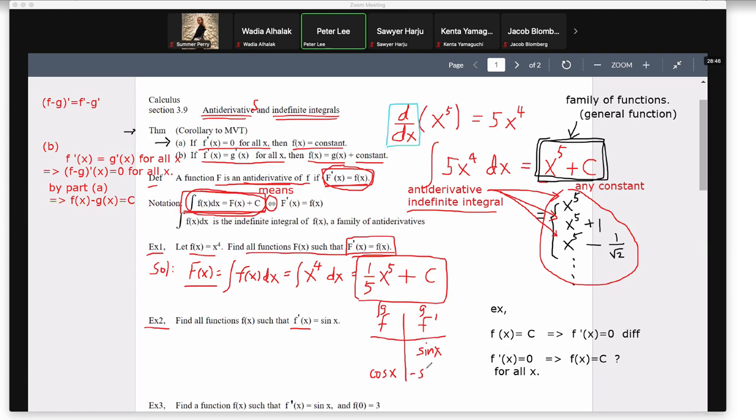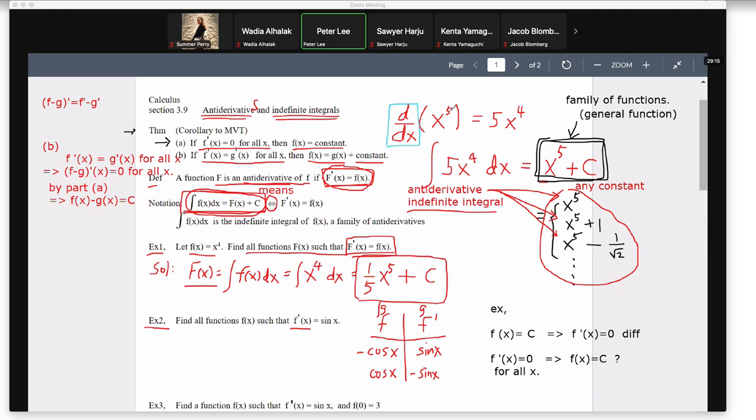Minus sin x. You know that. But what we now have is sin x, not minus sin x. So we only need to multiply by a negative, and we now get minus cosine x. If we take the derivative of minus cosine x, then we will get plus sin x. So that's what it is.